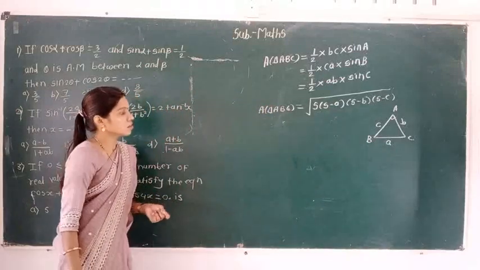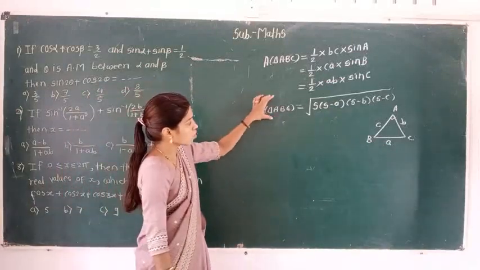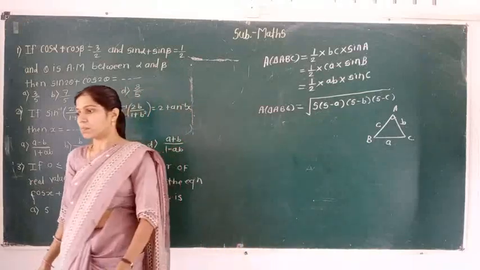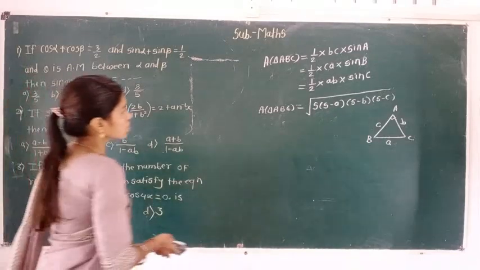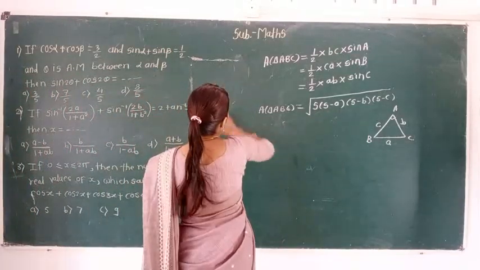This is the formula for area of triangle ABC. Now see the next example.